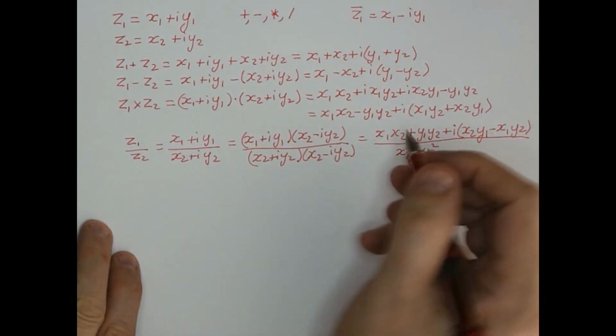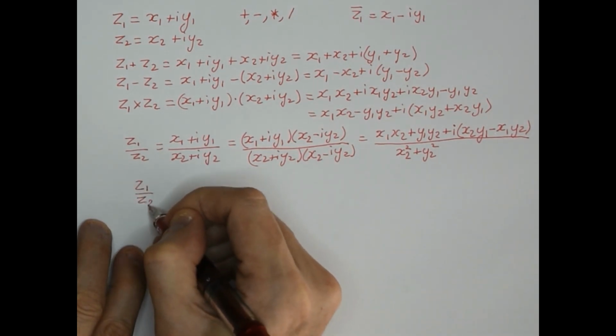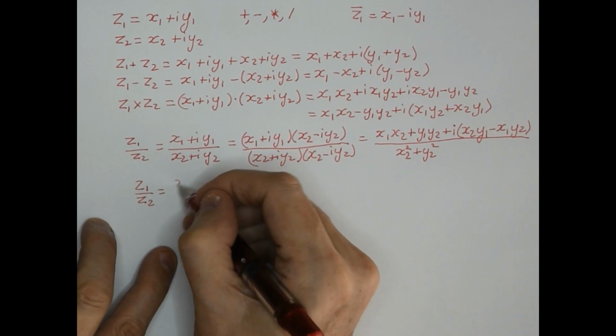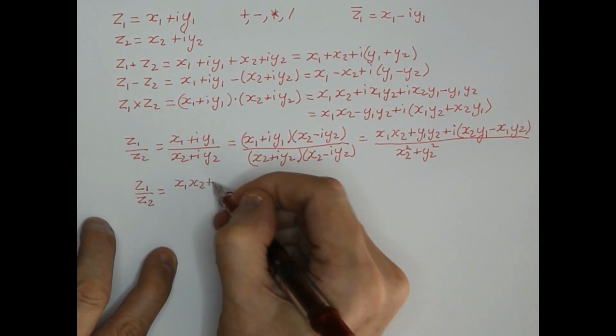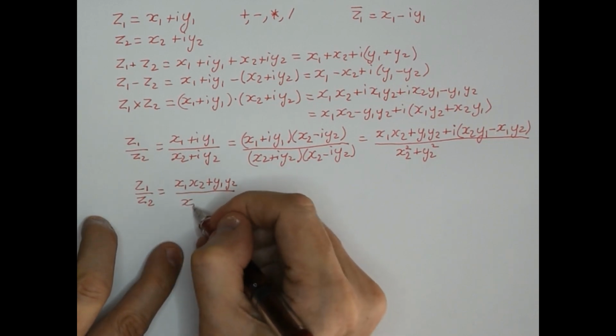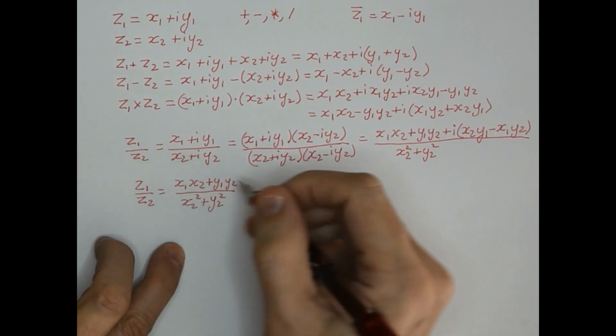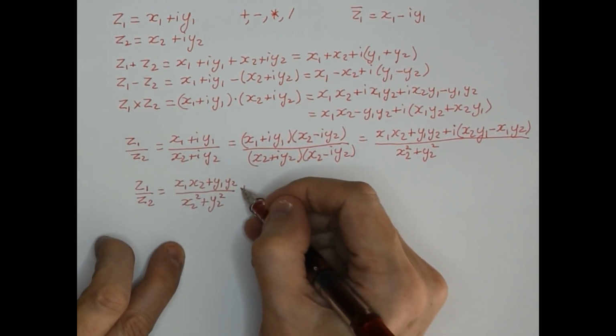So now you can simplify this. z1 divided by z2 is now (x1 x2 + y1 y2) divided by (x2 squared + y2 squared). That's the real part of the division of two complex numbers.